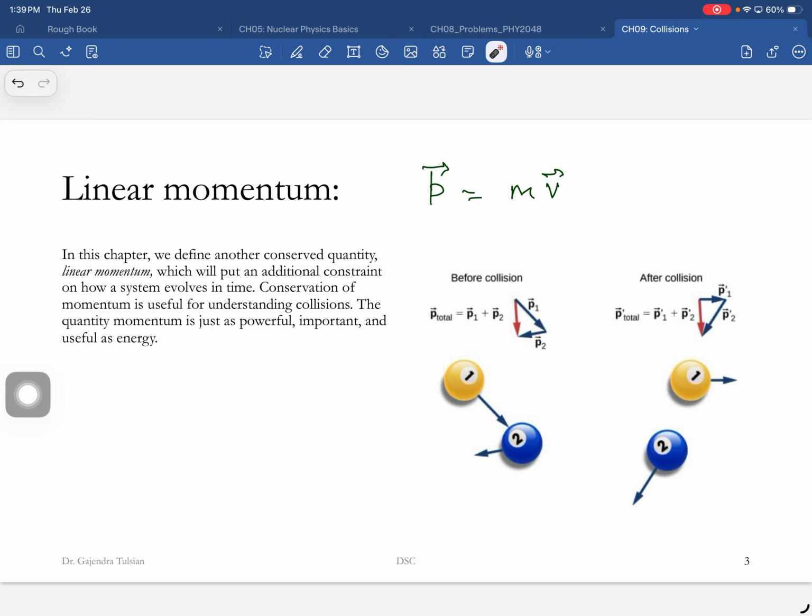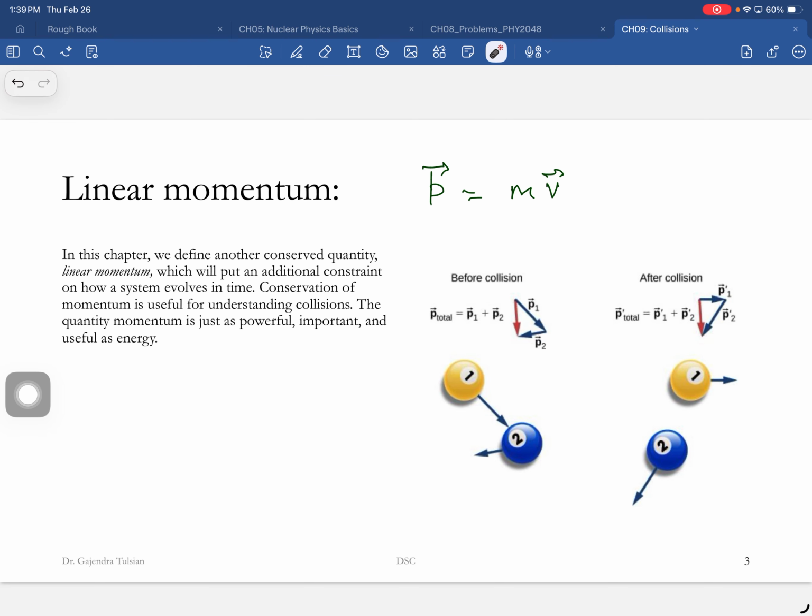So if there was no friction, we said mechanical energy was conserved. When I drop this object, its mechanical energy has the same value at every point. That was conserved. You can account for heat as well, but heat is very hard to measure.